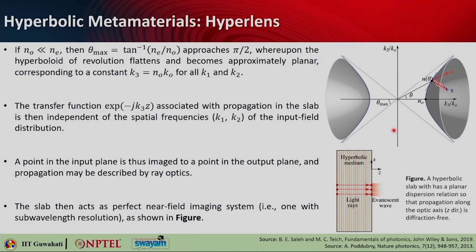How do you get a planar dispersion relation? When theta max approaches pi by 2, you will get a plane, and k3 becomes constant for all values of k1 and k2. So you are getting a planar dispersion relation. So the propagation along your optic axis direction, that is the z direction, which is this one, will become diffraction free.